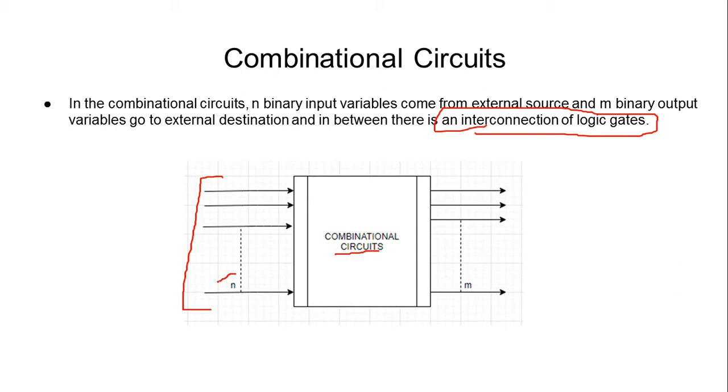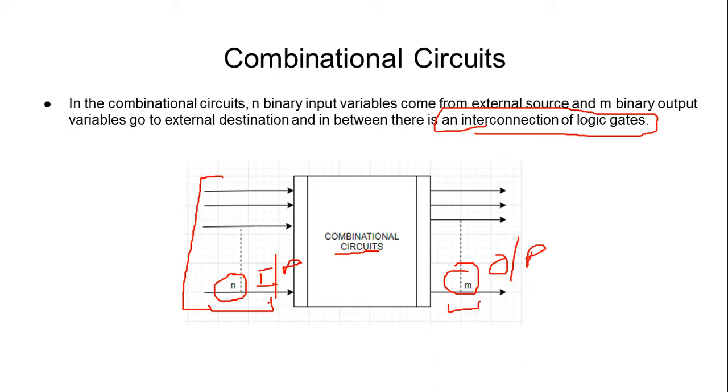So here is the block diagram which consists of n number of input variables which are responsible for yielding the result of m number of output variables. The explanation about these n and m bits for input as well as output is briefly explained in the previous video. So you can check out that too if you have any doubt in this particular concept.